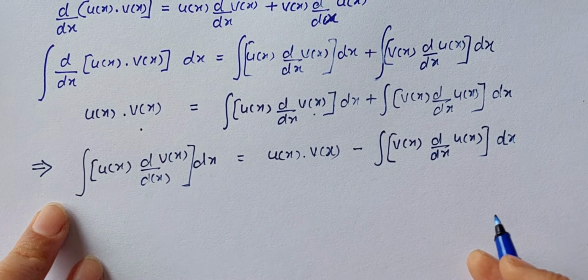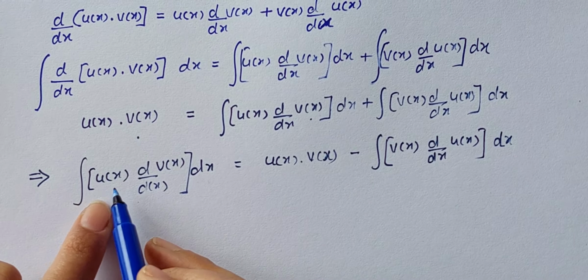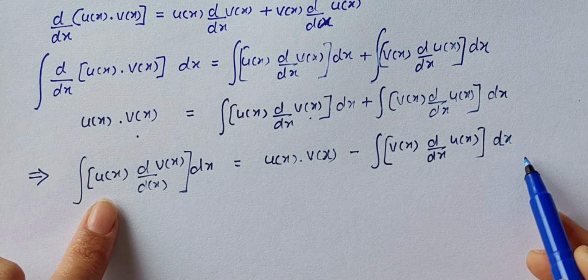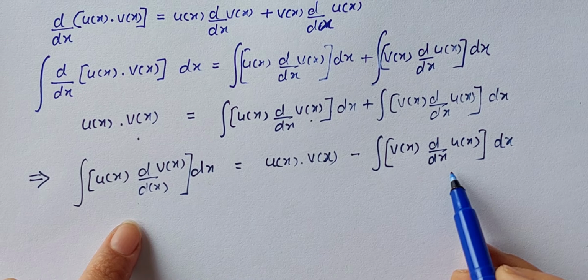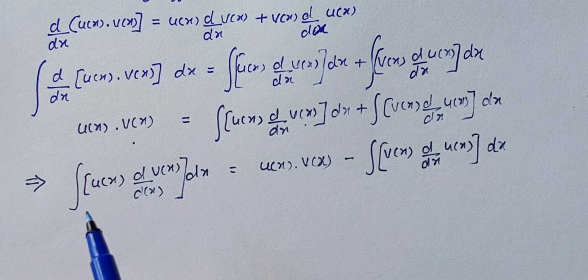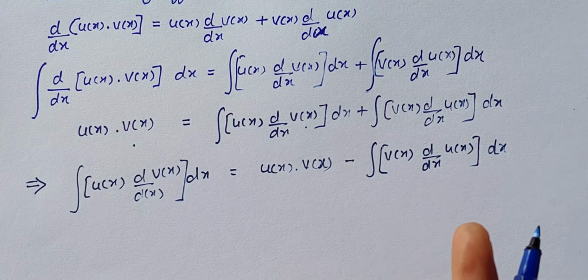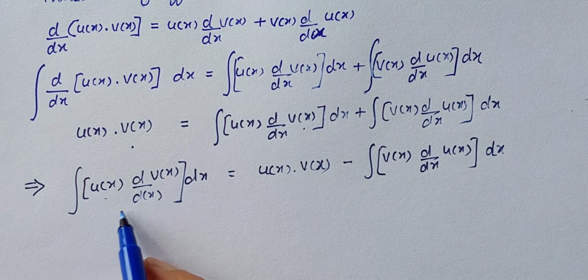Now we can take this as the product rule. The integral of a product of two functions can be given by this format. But again, this is not the simplified version. Whenever you are given two functions, something like x into sin x, you'll be given one function and the other function, not in this format.